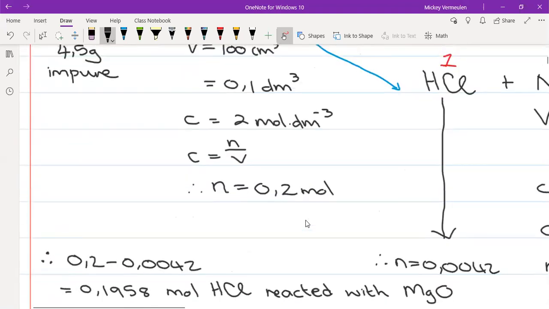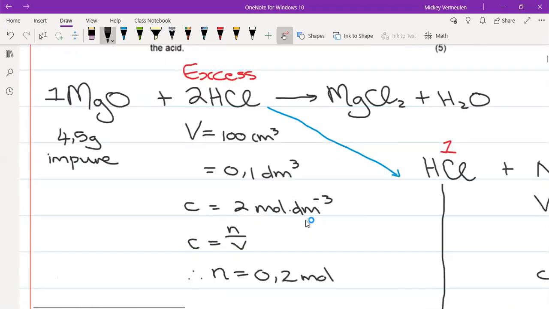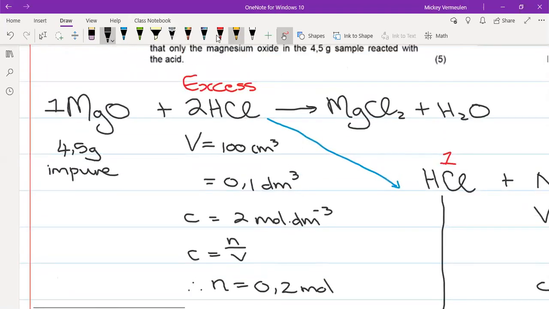Right, guys, I'm just going to talk you through the process again. Don't panic. I know this is hard. So the first thing you do is you write down a balanced equation for the original reaction. And if possible, you calculate the number of moles of the solution in excess.